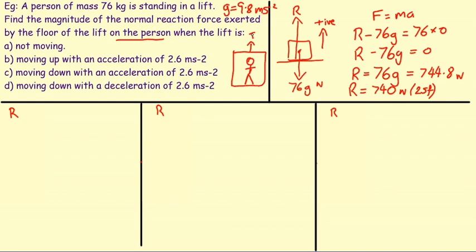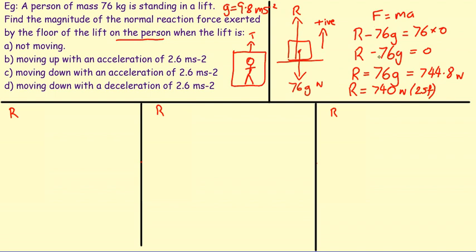So here we note that the reaction force is basically equal in magnitude to the weight. But that's only because they're not moving. They're in equilibrium. If they're in equilibrium, then the forces have to be balanced because, by Newton's second law, if the acceleration is equal to 0, then the net force has to be 0.